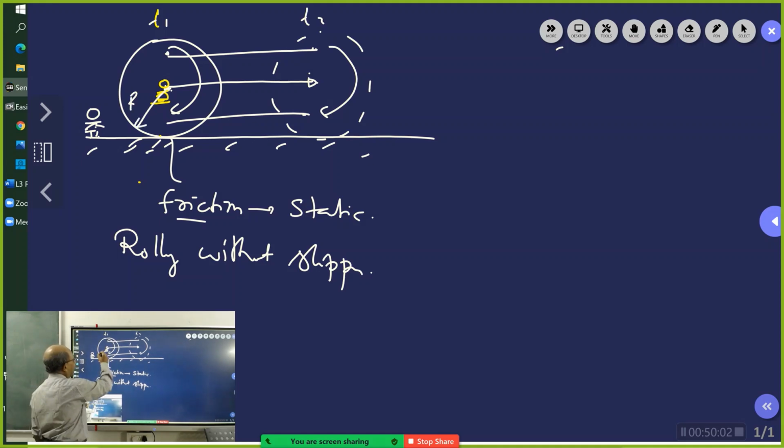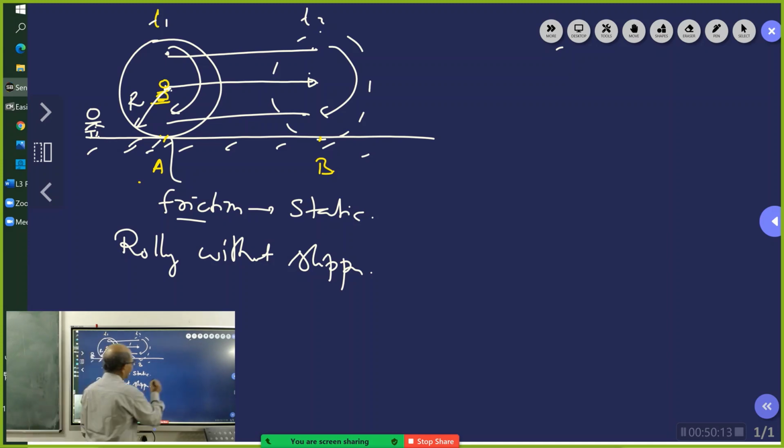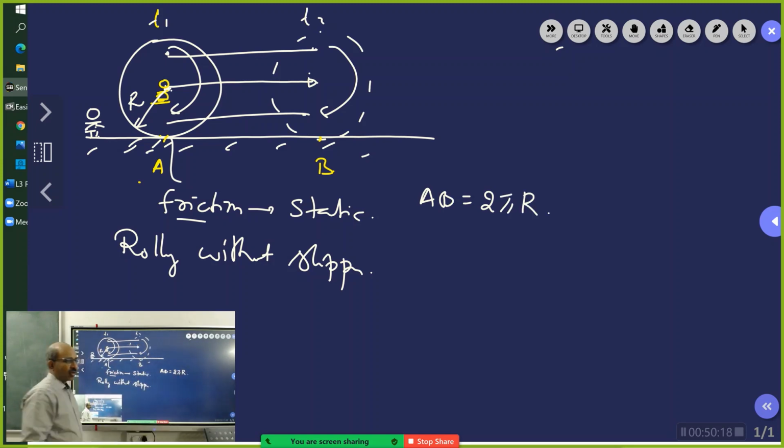The radius of this wheel is R, and this is at position A and this is position B. If AB is equal to 2 pi r, then we say it is rolling without slipping. This particle, when it comes here, will have gone through 2 pi r distance, and this should be the distance. So here there is friction, but this friction is static friction.